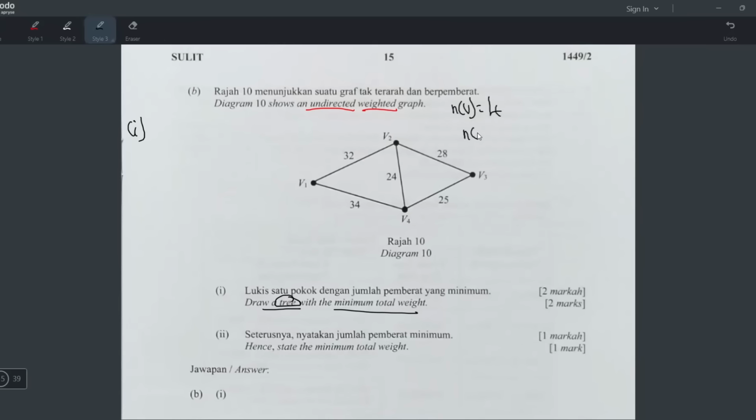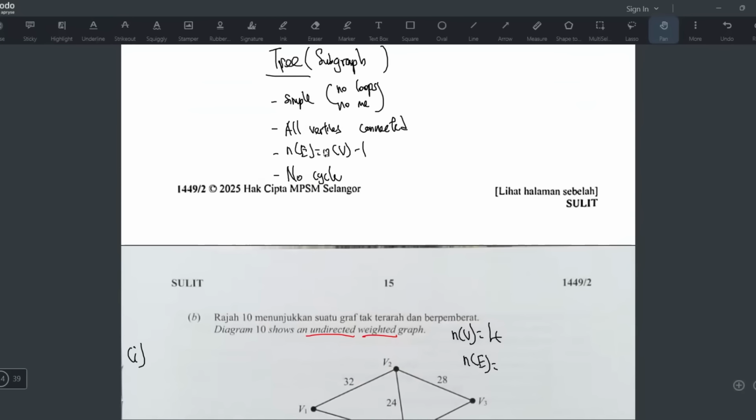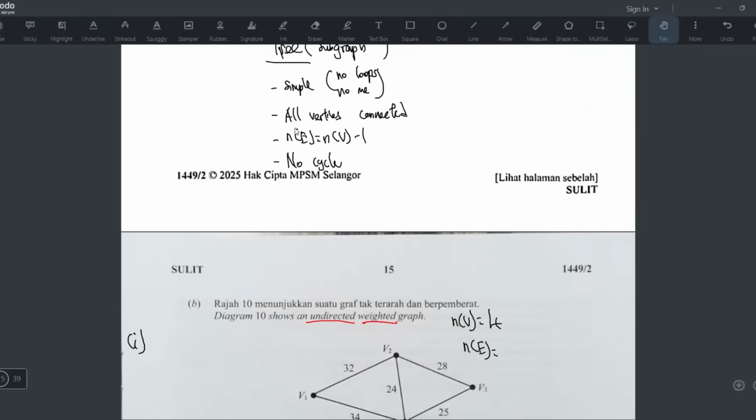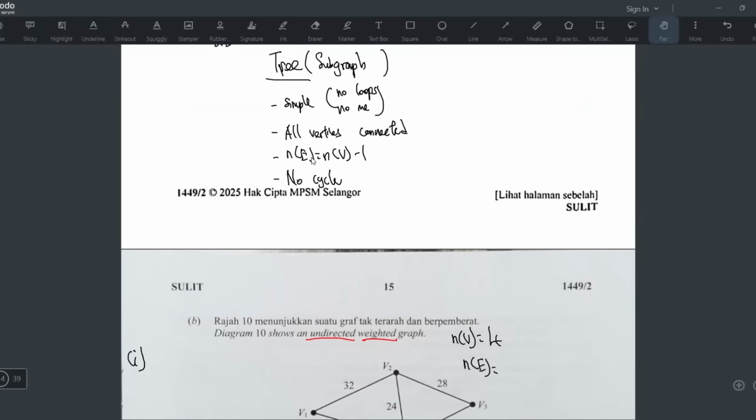So tell me, if there are 4 vertices, how many edges should you have for it to be a tree? So if your NV is 4, what should your NE be for it to be a tree? Yeah, for it to be considered a tree, how many edges should you have? It should be 3, right? Because of this formula. NE is NV minus 1.